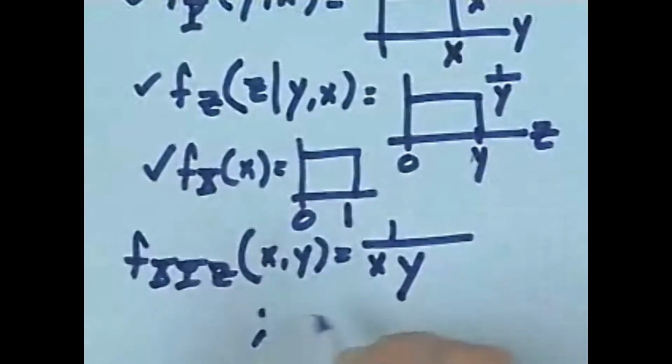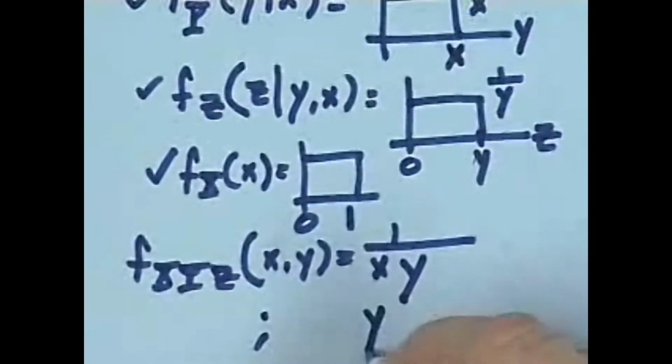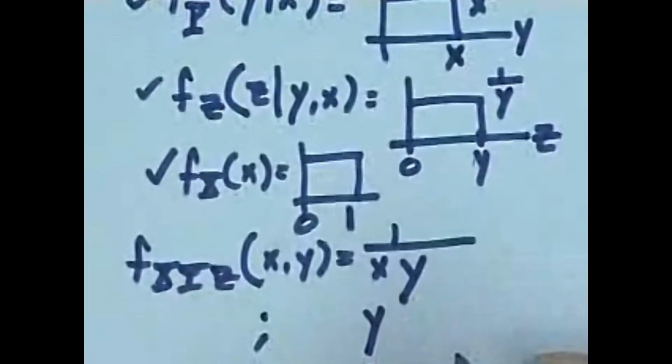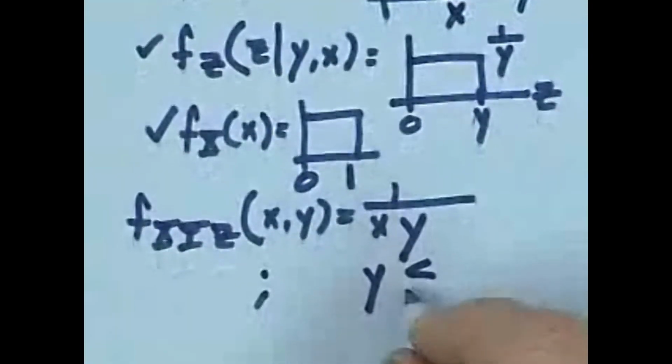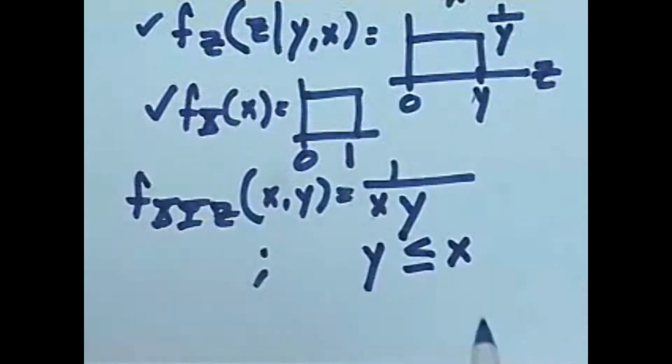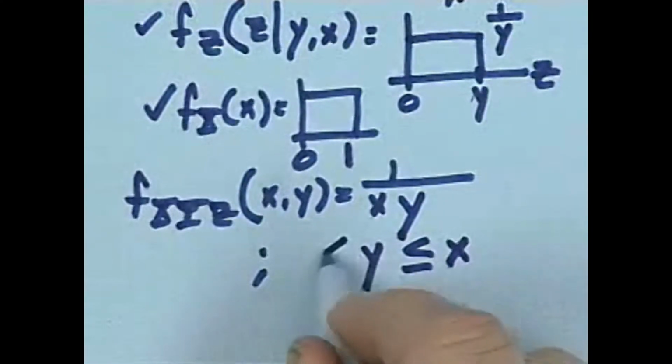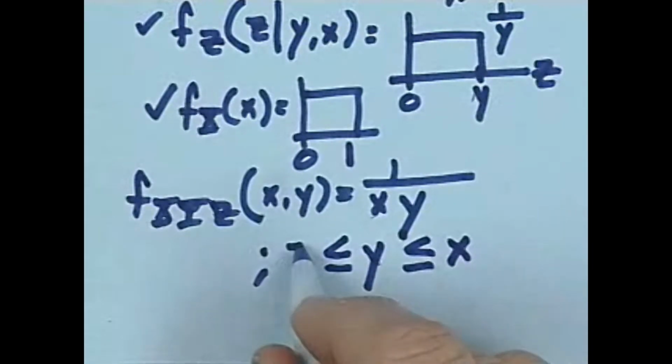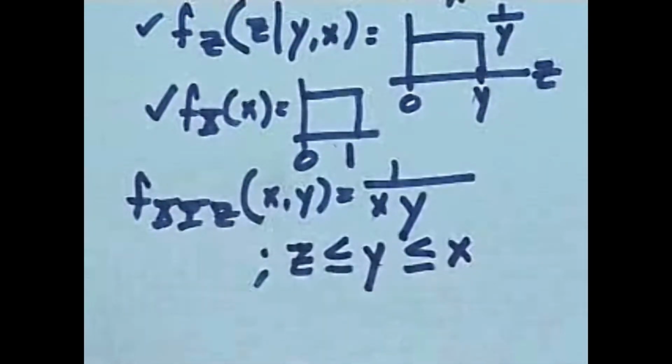However, the random variable y must be less than or equal to the random variable x, because we have chosen that random variable. And the random variable z must be less than or equal to the random variable y.